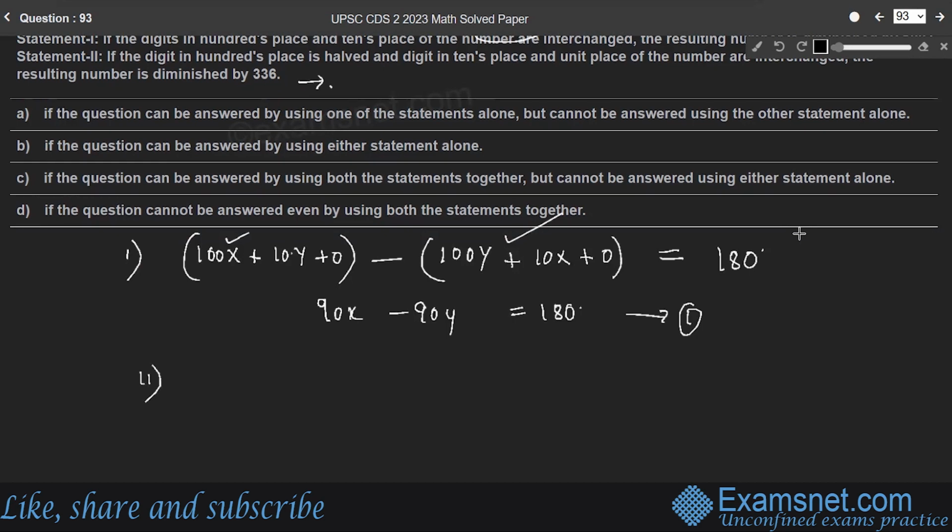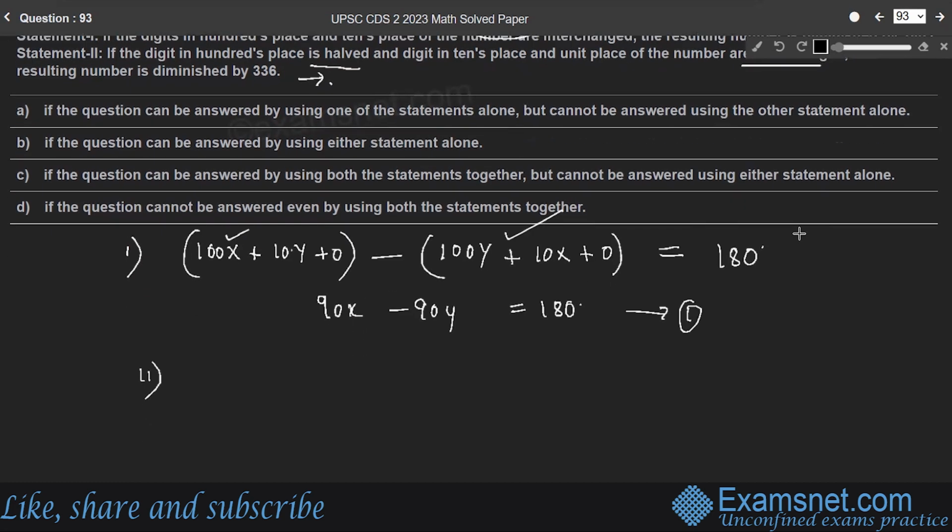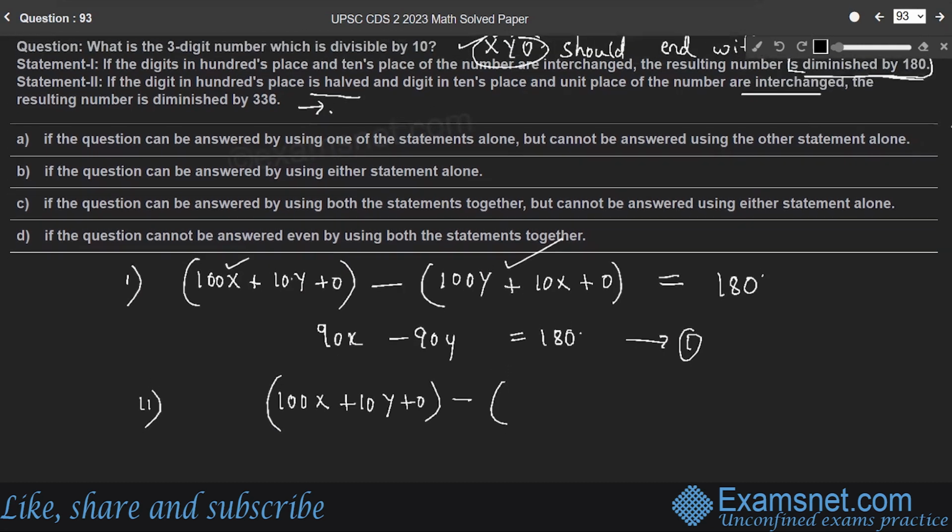According to statement 2, the digit in the hundreds place is halved, and the digits in the tens place and units place of the number are interchanged. The digit in the hundreds place is X, so its place value is 100X. The original number is 100X plus 10Y plus 0, minus the number where the hundreds digit is halved, so its place value becomes 100X by 2.